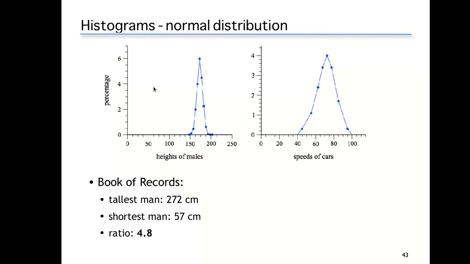Taking the example of heights of people, or in this case only males, according to the books of records, at least in some years in the past, the tallest man at that time on Earth was 2 meters 72 centimeters, and the shortest man was 57 centimeters tall. Now if I divide these two numbers, what I get is 4.8. So the ratio of the extreme case is 4.8.